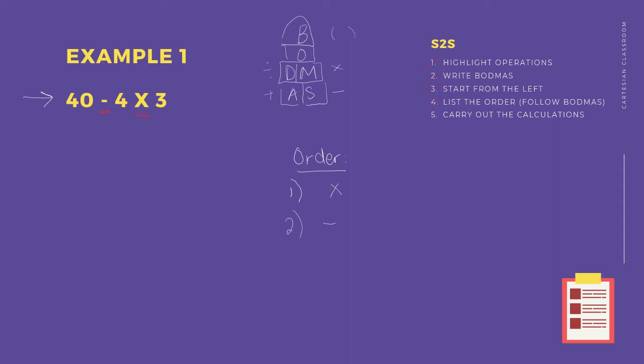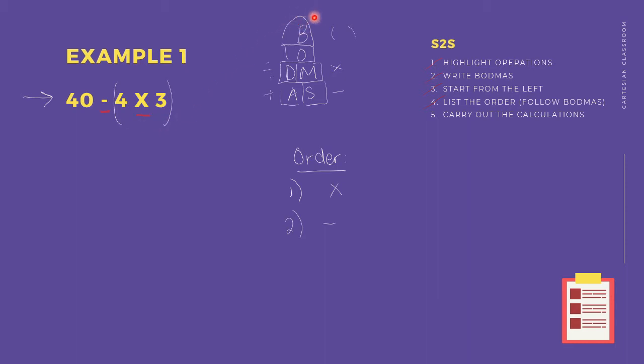Now this is where the use of a bracket helps. Because you want to do times first, we will add brackets here. So you know that you need to do the bracket first because B is on top.